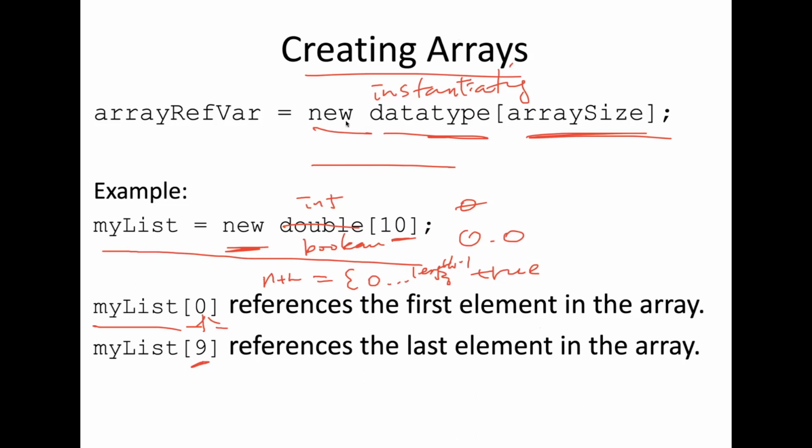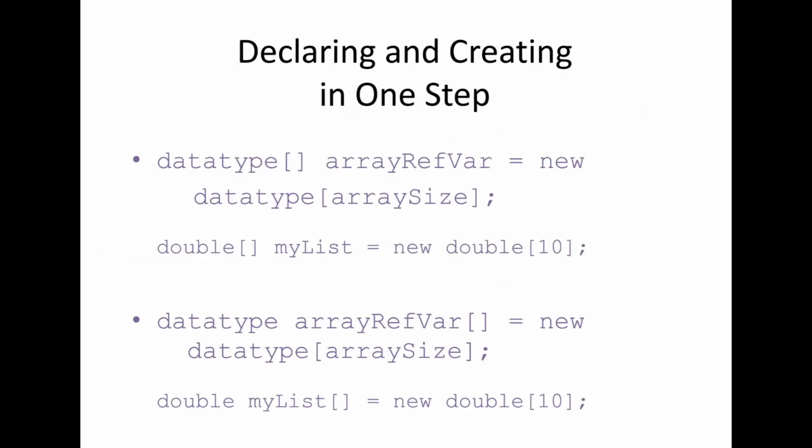Let's look at declaring and creating an array in a single line of code. It turns out you can declare an array, create a new array, and assign the latter to the former in one line, as illustrated here. On the right side, you have what's called the R value, which is dynamically created with this data type array with a certain amount of size, and that returns a memory address.